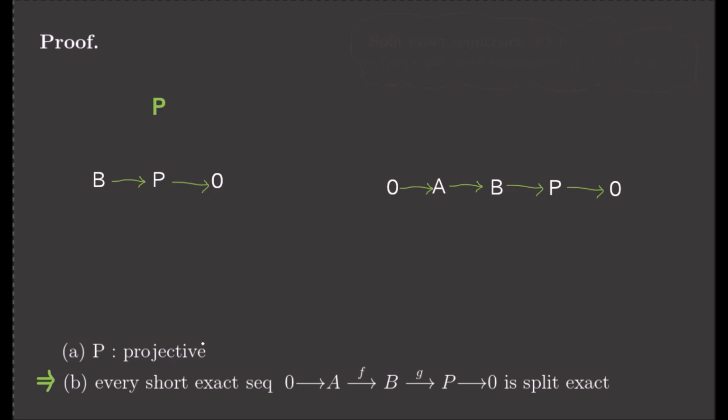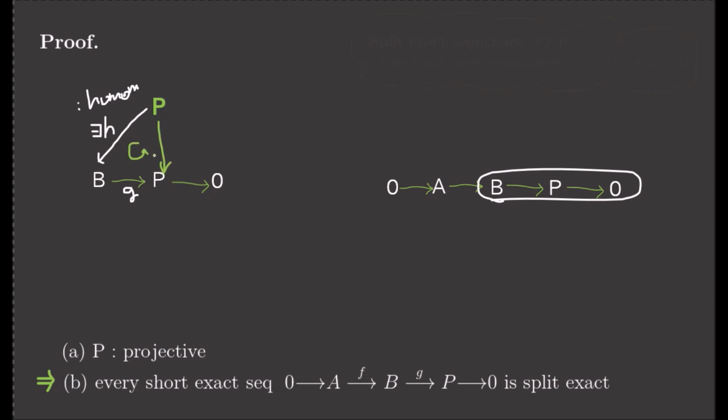Because P is projective, when we note this sequence, we can always find the homomorphism from P to B. So there is a homomorphism such that this commutative relation holds. Then note that if we just find this, our proof is finished.